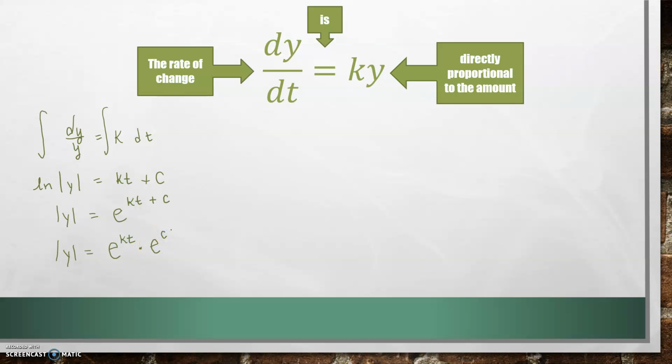And the reason that's true is because of an exponent rule: a to the b times a to the c is equal to a to the b plus c. So there's an addition in the exponent. If we go backwards, we can turn that into a product. And now to get rid of the absolute value sign, we have y is equal to plus or minus e to the c times e to the kt.